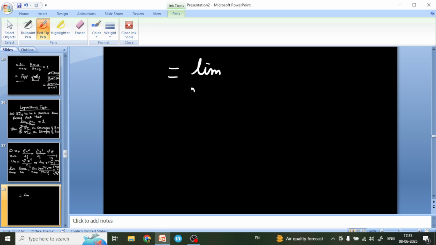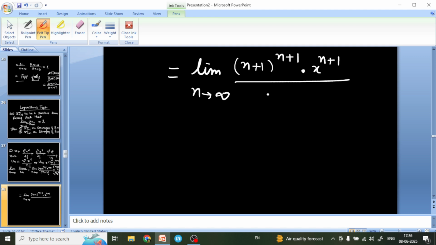Limit n tends to infinity, (n plus 1) whole power n plus 1 into x raised to power n plus 1 over (n plus 1) factorial, multiply n factorial over x raised to power n, n raised to power n.